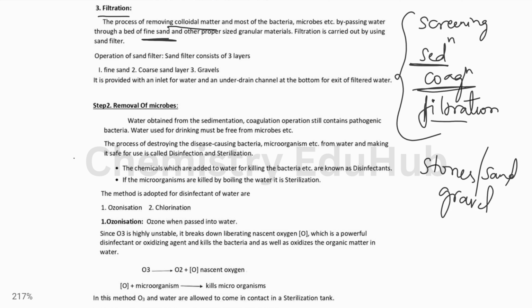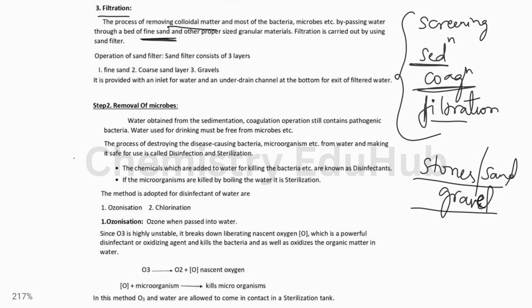So what happens when the water passes through these stones, gravel and sand? It filters and removes all the unwanted materials. The water gets filtered and becomes very neat and clean. So the same technique is used here also.